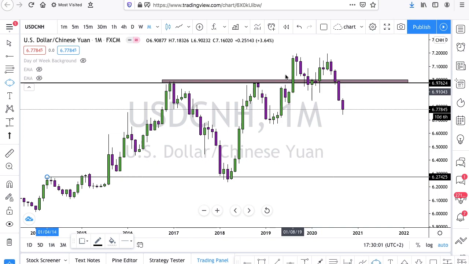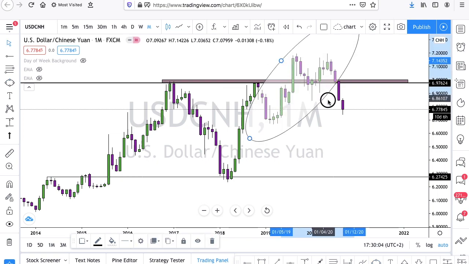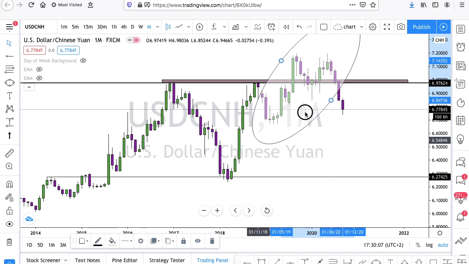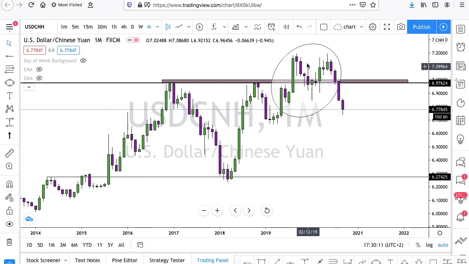Whenever you see this in a trend, let me just highlight it for people that are not familiar with these forex terms we use in the institution.